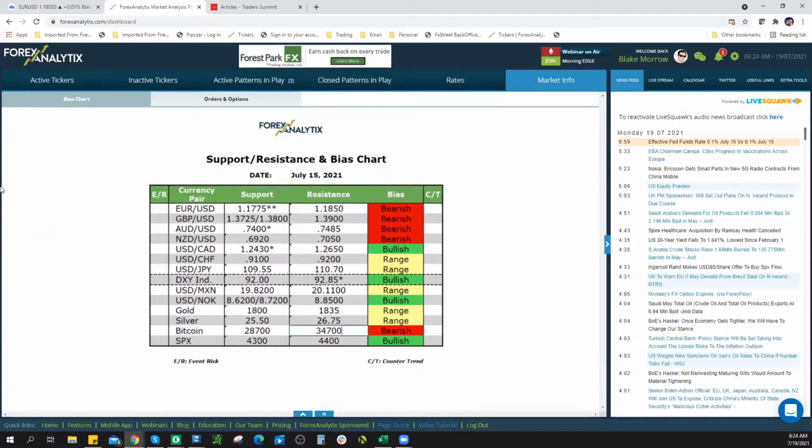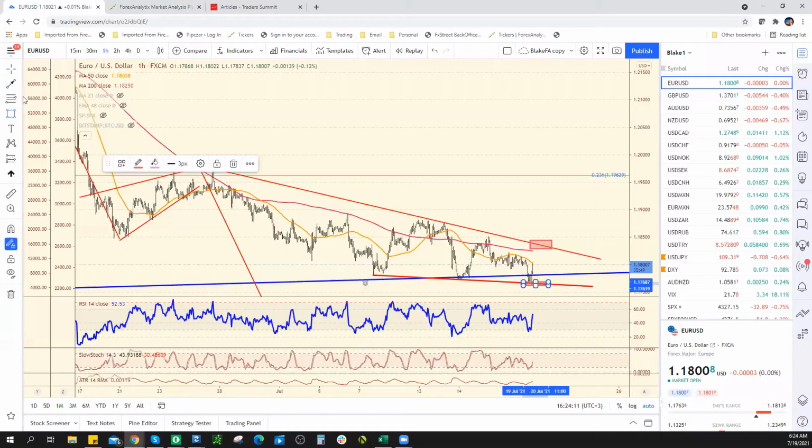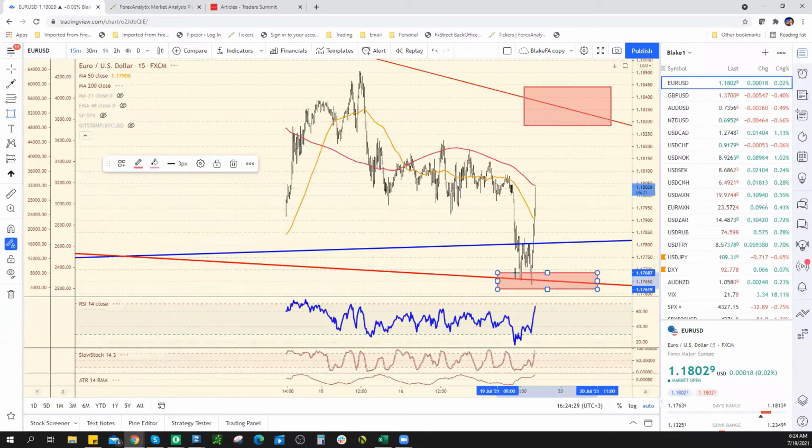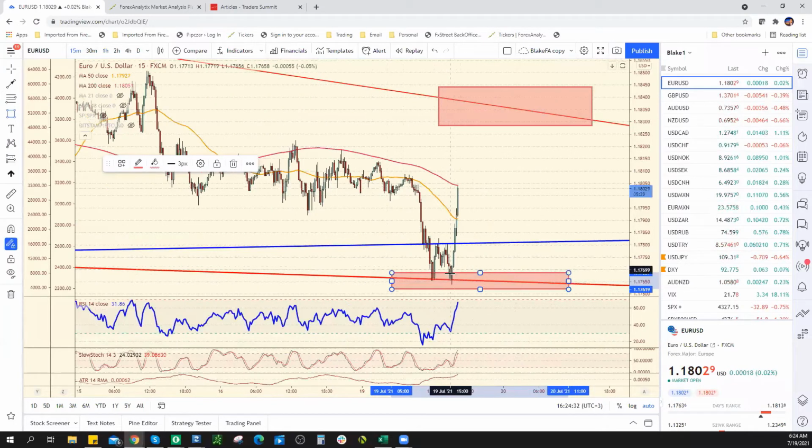For example, if you bought the euro dollar today during the FA.C.E webinar because Blake was saying it was a really key support at 117.75, and you went long.